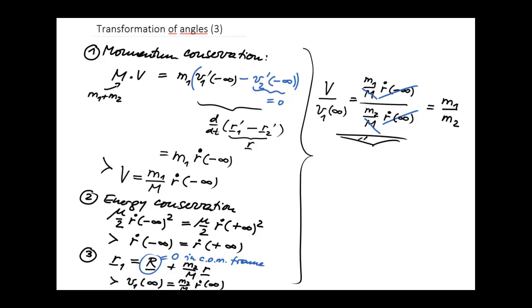This we can insert into our formula for the scattering angles. Remember, we had the tangent of theta prime, the scattering angle in the lab frame, that was sine of the scattering angle in the center of mass frame over the cosine of the scattering angle in the center of mass frame, plus that ratio of velocities, and we just found that this is equal to m1 over m2.